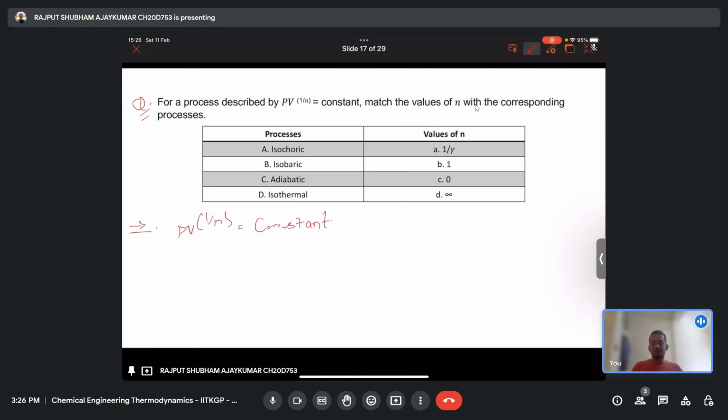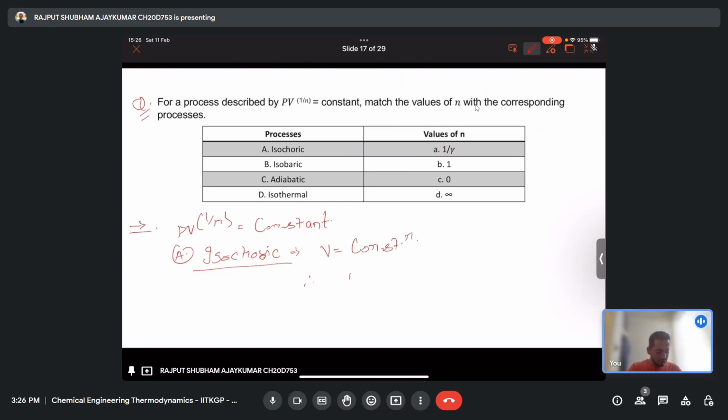Okay, so now these terms will arrive till the end of this course, like I've been saying. Please remember the specific things about them. So first is called isochoric. So isochoric means volume is constant.